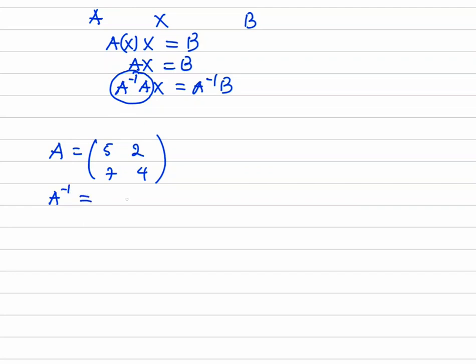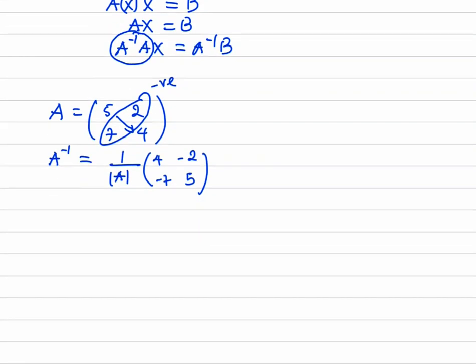The inverse of A is going to be 1 over the determinant of A, then into, now, this is what is going to happen. I'm going to change the right diagonal, so there's going to be 4, then 5. That is the method of doing it. Then the other diagonal, I'm going to multiply by negative, so it's going to be -7, then I have -2.